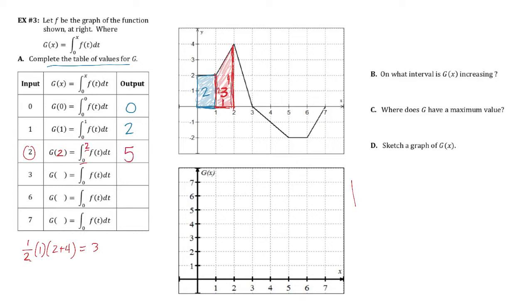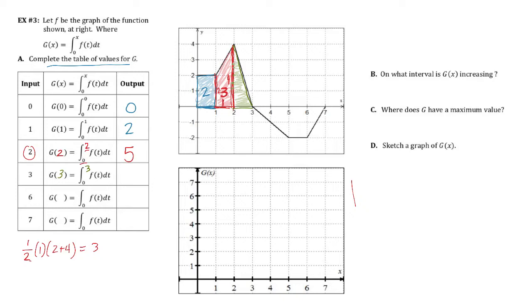Now let's move on to our next one. Now we're going to look at g at 3. And so I'm going to go from 0 to 3. So now I've got this other portion over here that I've got to find. So this looks like a triangle, 1/2 base times height. And so we need to look inside this region here.